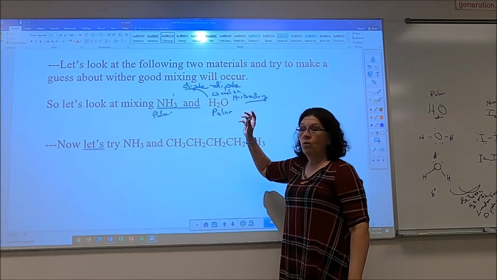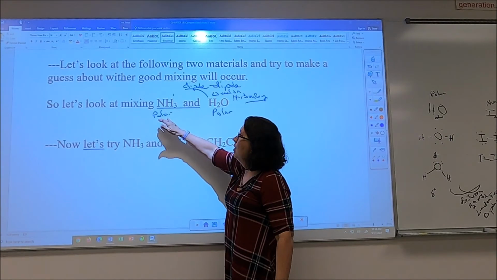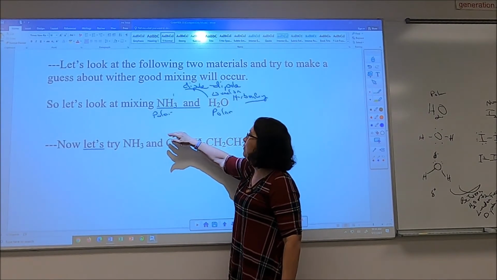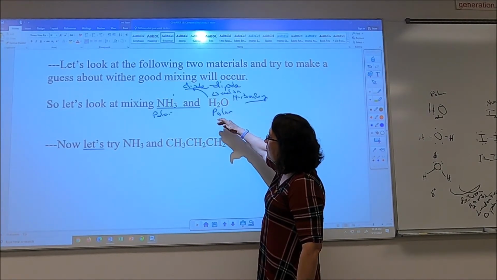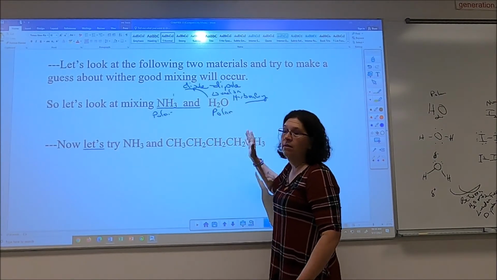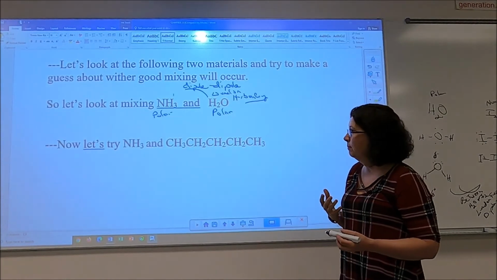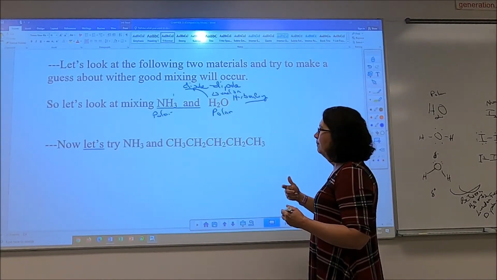So ammonia and water ought to mix pretty well, because between ammonias I see dipole-dipole, hydrogen bonding and London forces. Between water molecules I see dipole-dipole, hydrogen bonding and London forces, and I can see those 3 in the mixture. At least an even trade. And then I get that bump up from entropy, we're golden.